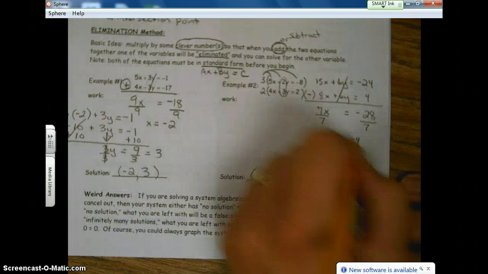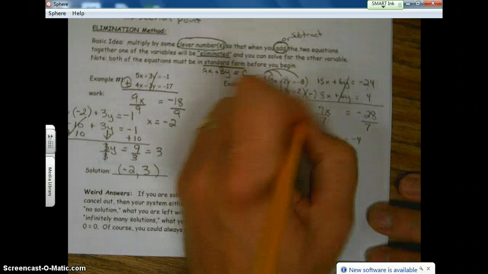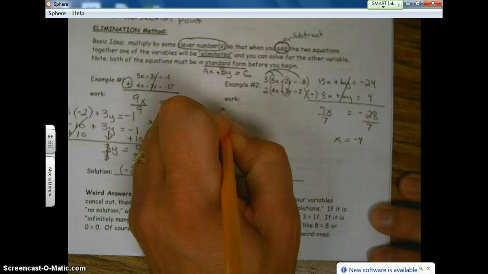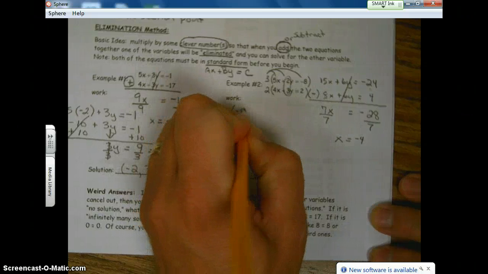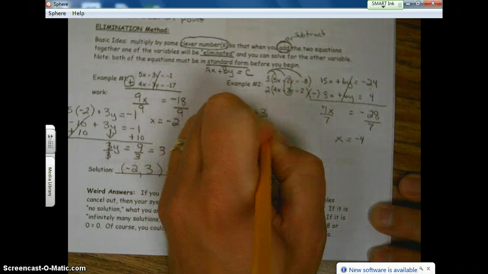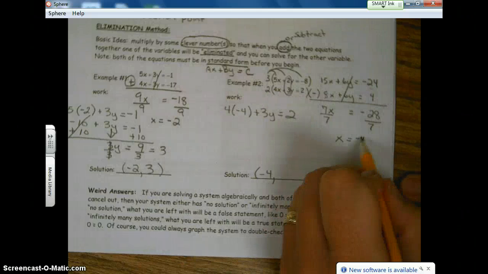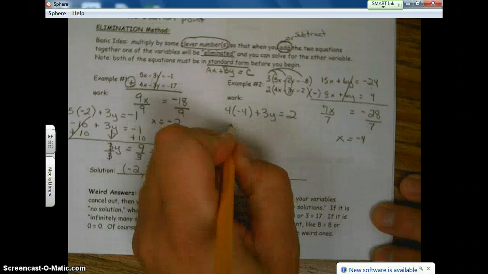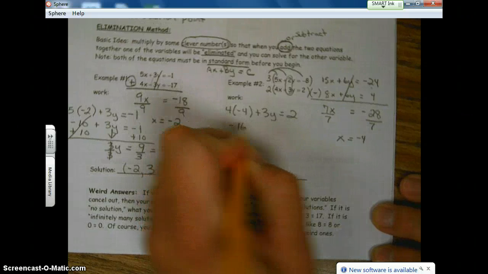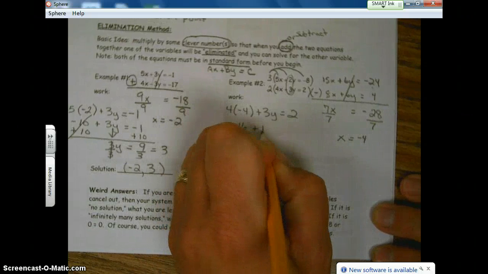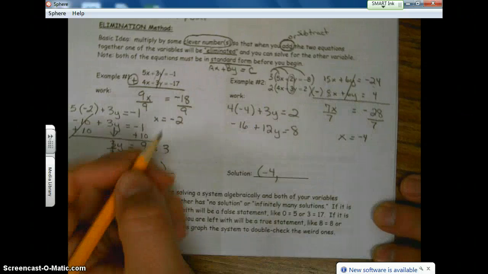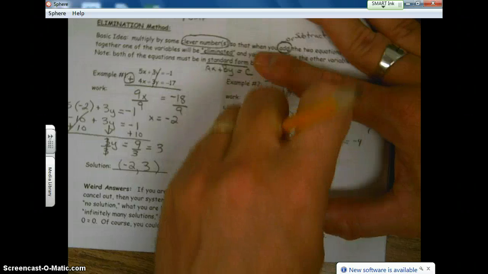So let's plug the -4 back in, choose either equation. I'm going to go ahead and do the bottom one because they're all positive. So we got 4 times -4 plus 3y equals 2. Notice I plugged -4 in for x. Got 1 minute left in this video, so I got to hurry. Plus 12y equals 8. Whoa! I hurried.